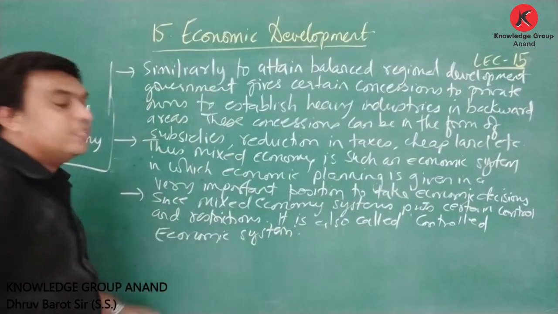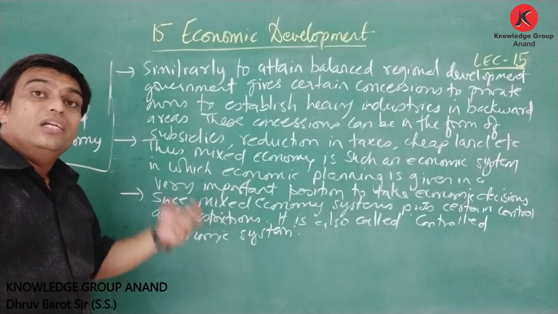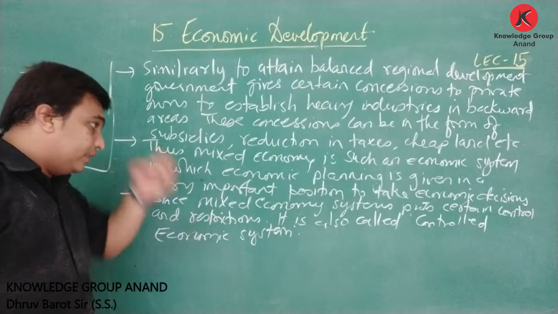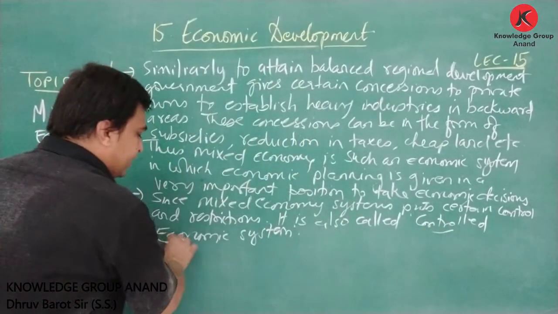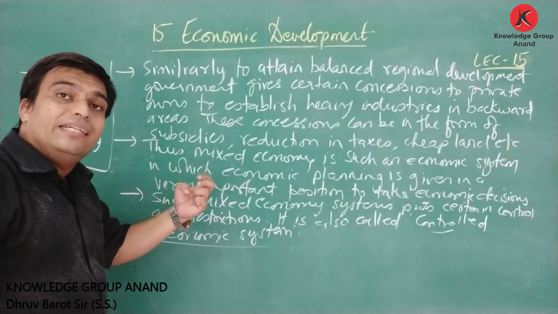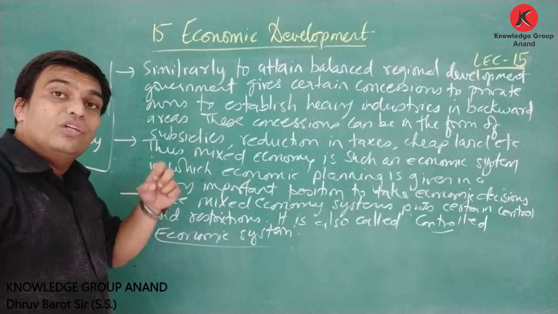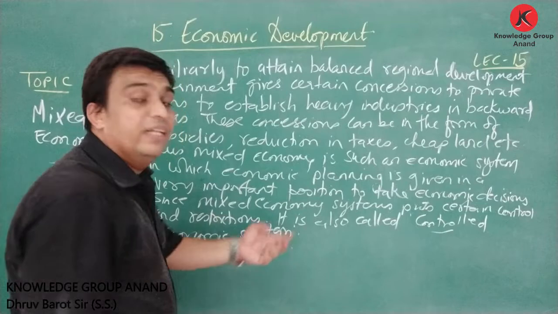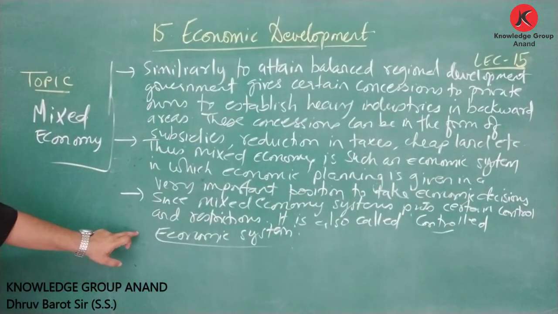It is also known as controlled economic system. Friends, as certain controls and restrictions are given by the government in this system, that is why this system is considered a controlled economic system. As we learned, in the market system it was a totally free economy. Over there, the individual was free to take any decision. Here, total control is seen, and that is why this system is also known as controlled economic system.